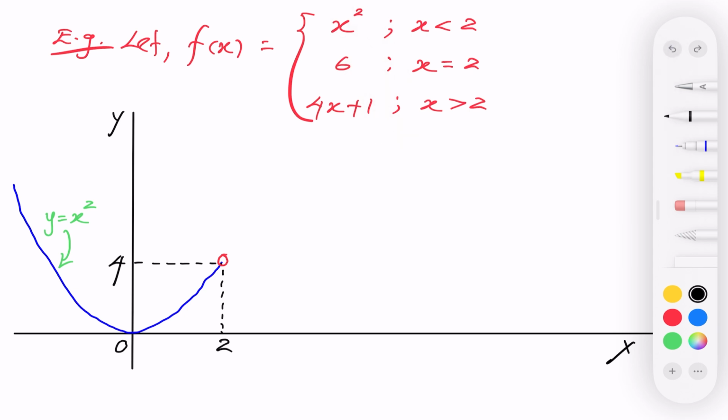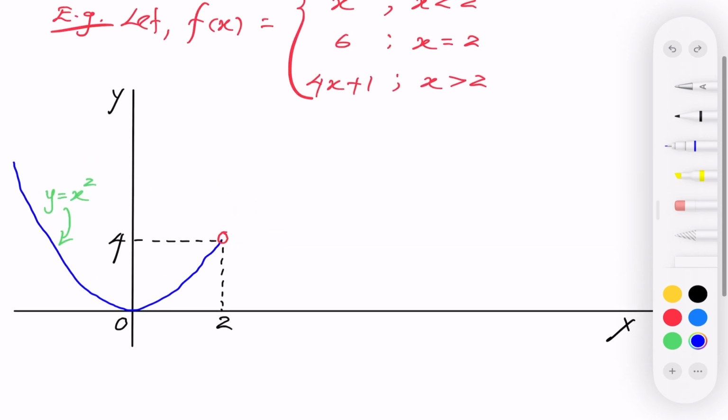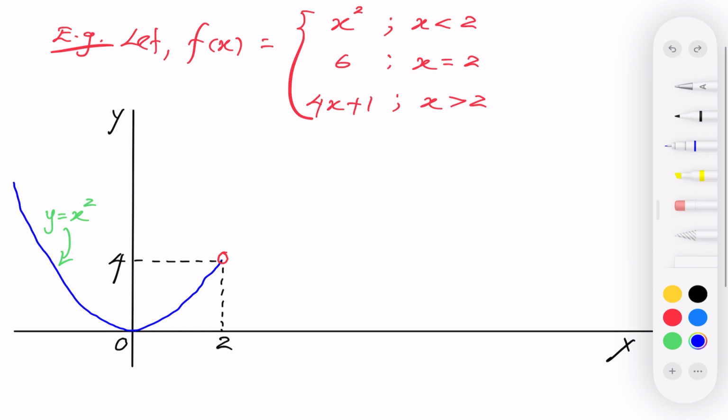All right, now we can look at this second part of that piecewise function. When x is equal to 2, the y value is equal to 6. Let's show that also on the graph. So x equals 2 is right here. When x is equal to 2, the y value should be equal to 6. So 6 could be somewhere here.